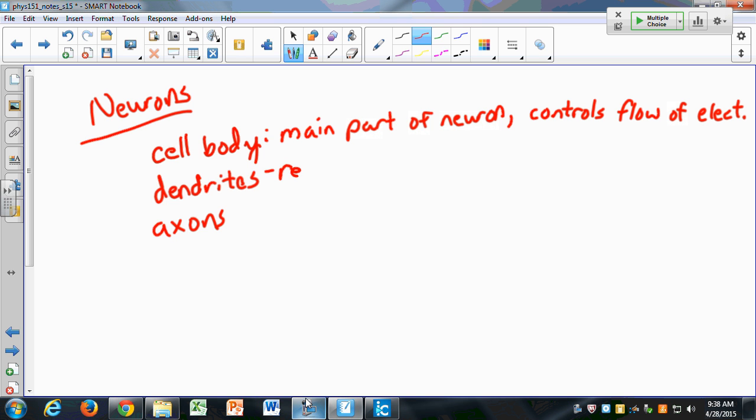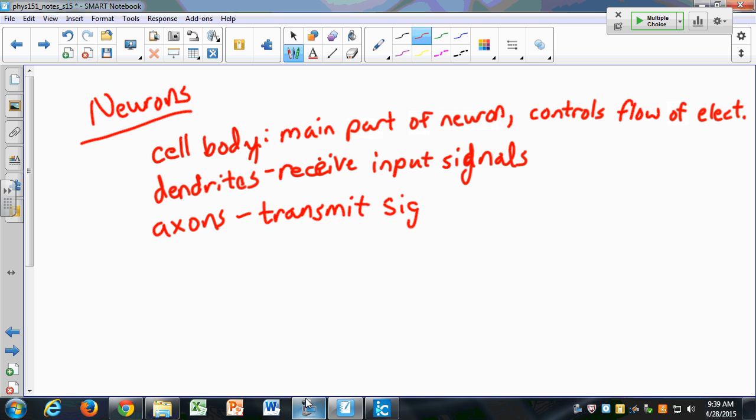Dendrites will receive input signals, and axons will transmit the signal to the next neuron. Actually, to the dendrite of the next neuron.